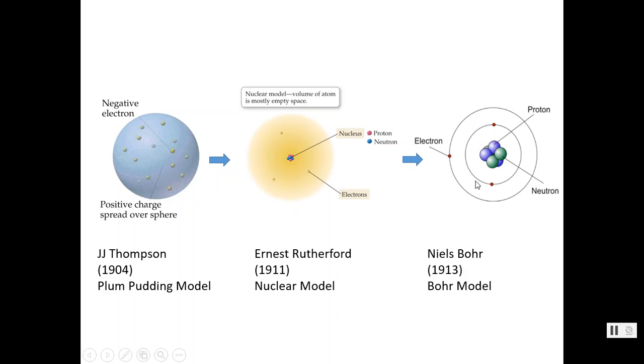So in this cartoon picture of the Bohr model, the electrons, which are the little red dots, are in specific elliptical paths that travel around the nucleus. Those electrons are not just placed any which way around the nucleus.